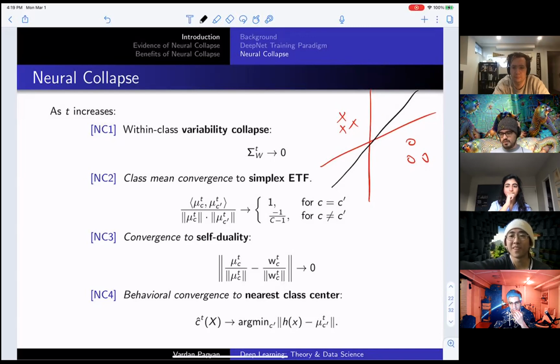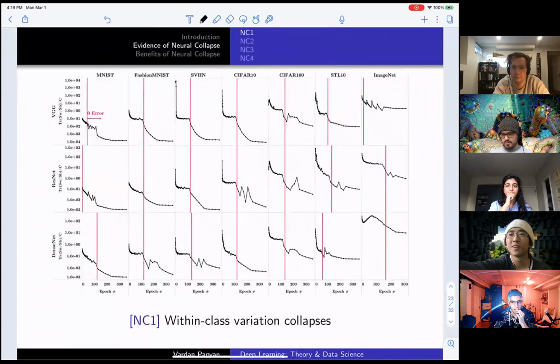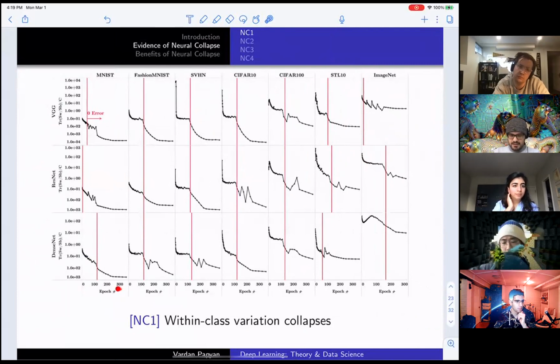Okay. Thank you. So let me show you the empirical evidence that supports neural collapse. In this figure, on the x-axis, you can see the epoch of training. The epochs start from 0 all the way to 350. In the case of ImageNet, it's only until 300.